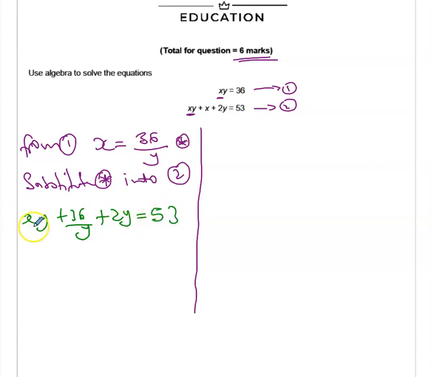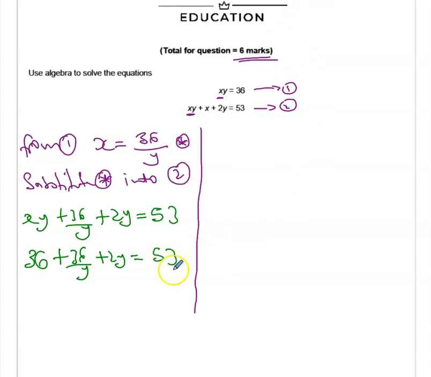You'll see why I left the xy in a minute. Because the xy is already 36 from equation 1, we can replace this with 36. Okay, so we have 36 add 36 over y add 2y equals 53.